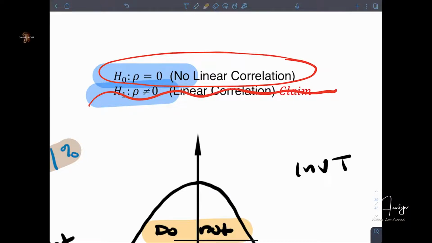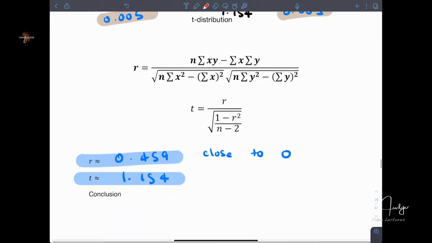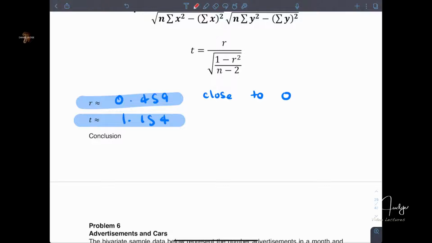So here's our conclusion, ladies and gentlemen. The conclusion is that there is no linear correlation. So sure enough, looking at that data, we can't draw a line or fit our data in a line. That was what the formal hypothesis test has created.